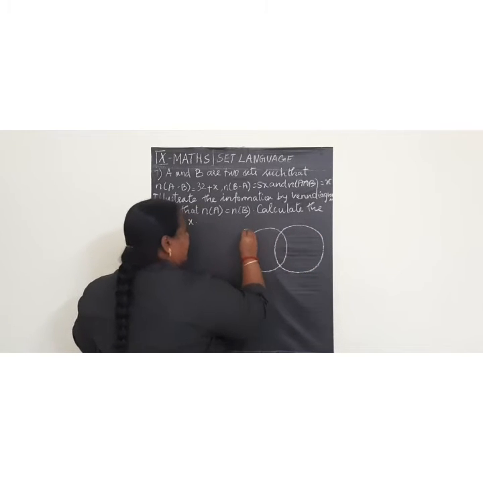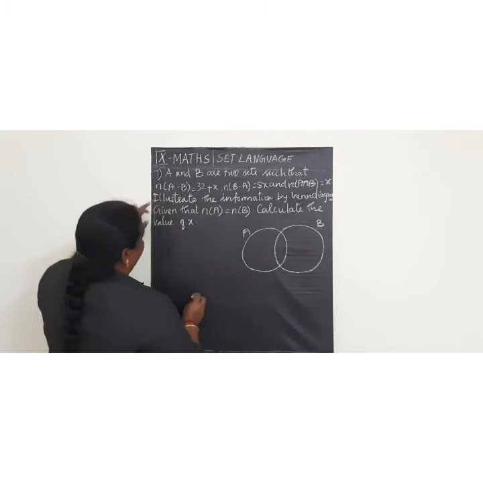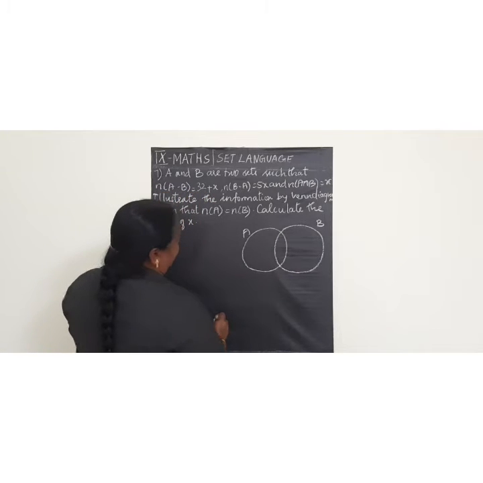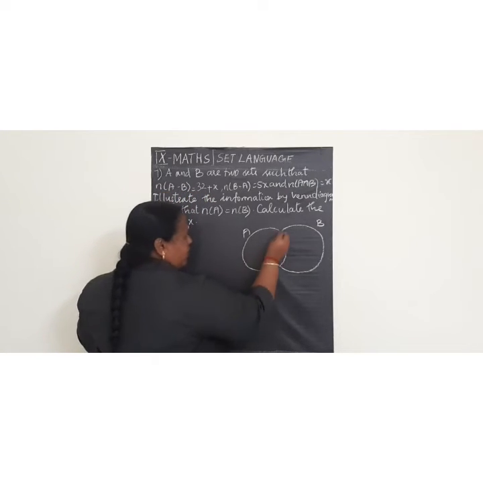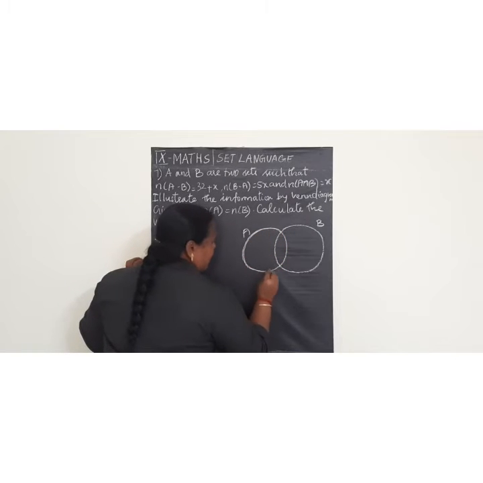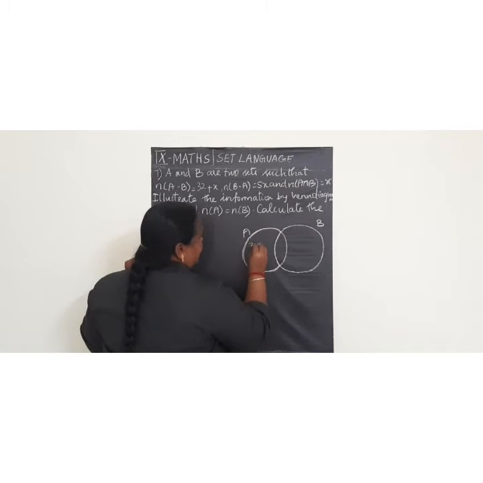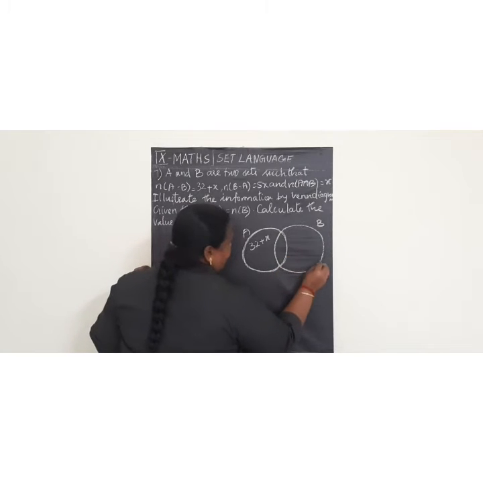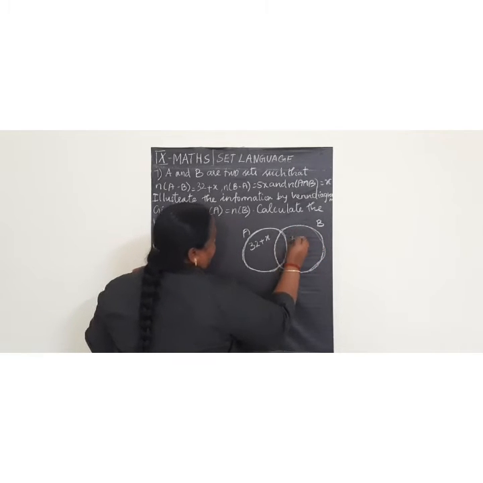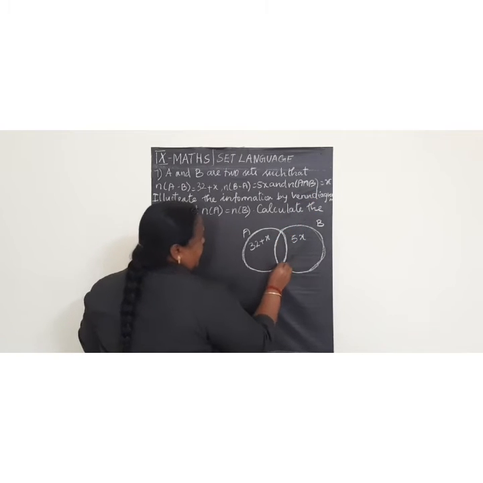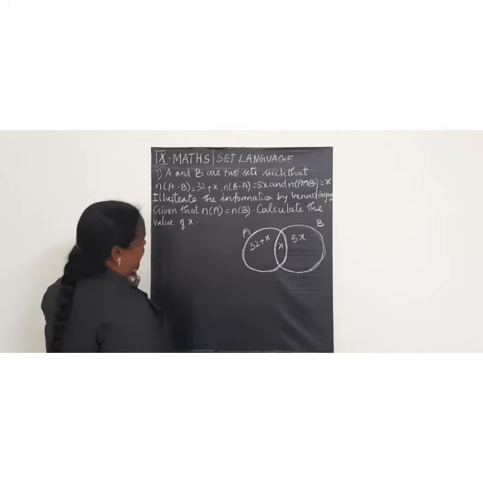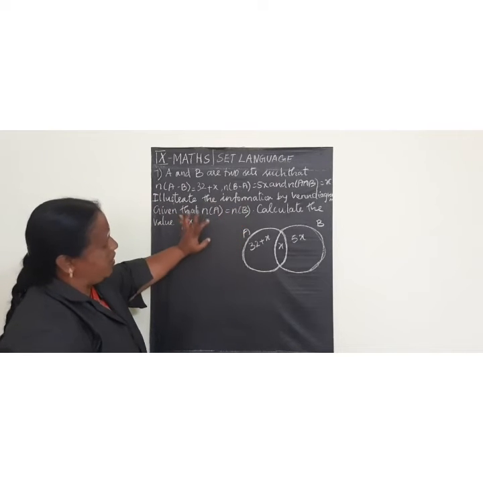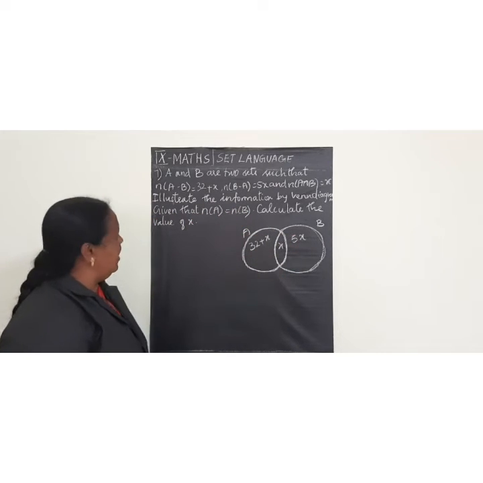Then they have given n(A − B) is 32 + x, so this part only, A − B, they have given us 32 + x. Then n(B − A), this part, they have given us 5x. n(A ∩ B), this part, they have given x. So we illustrate the information by using the Venn diagram.